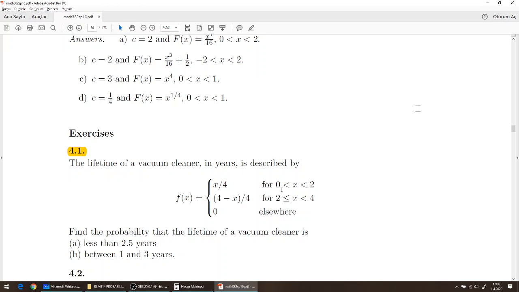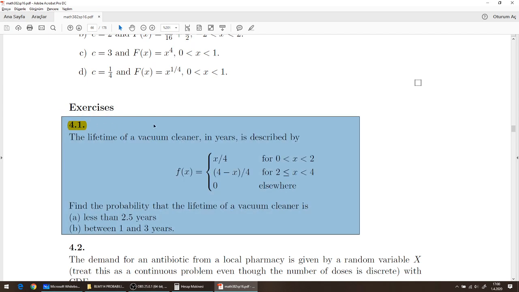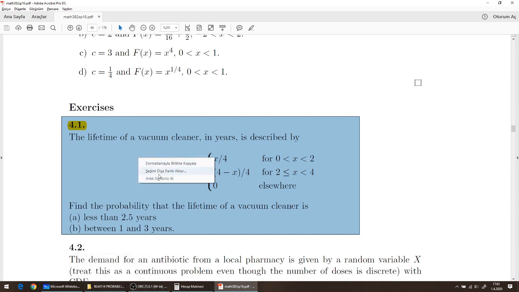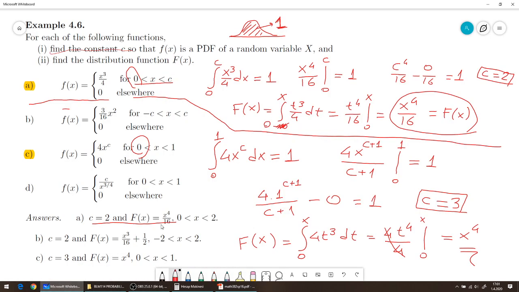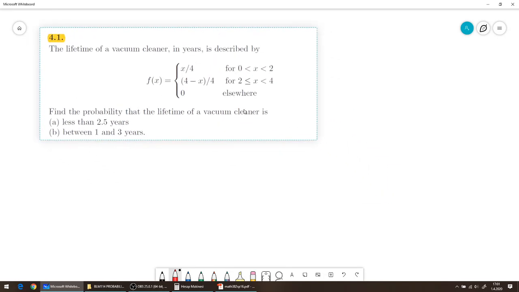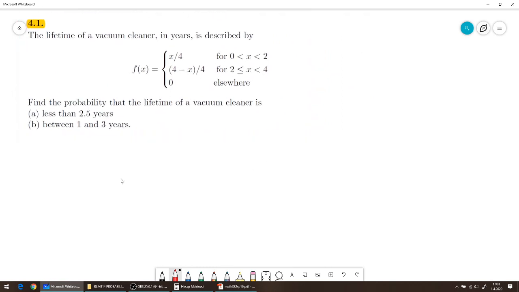The lifetime of a vacuum cleaner in years is given here. Find the probability that the lifetime of a vacuum cleaner is less than 2.5 years.